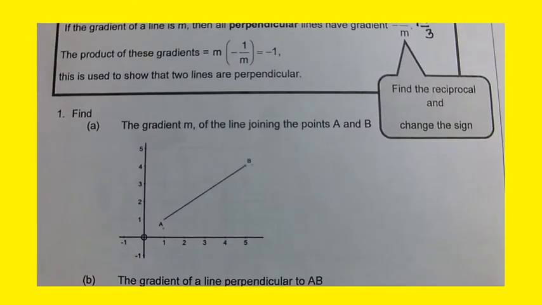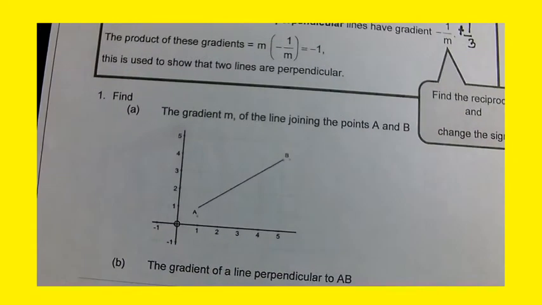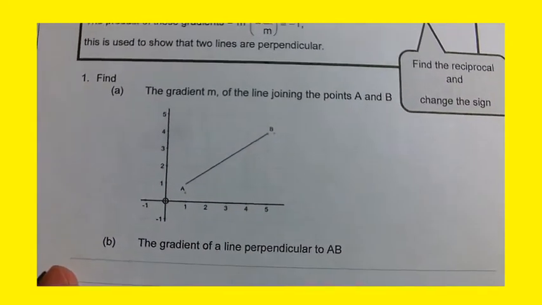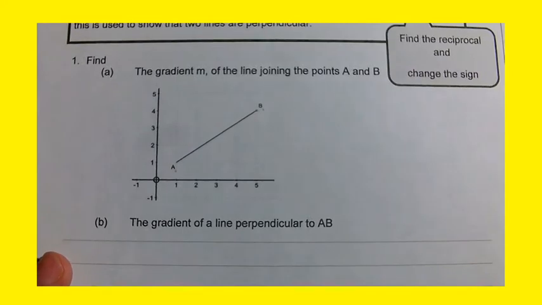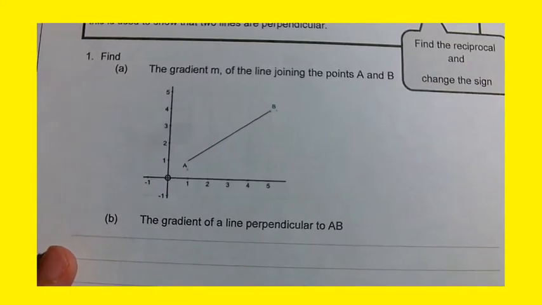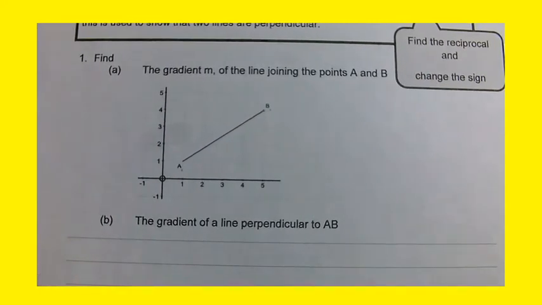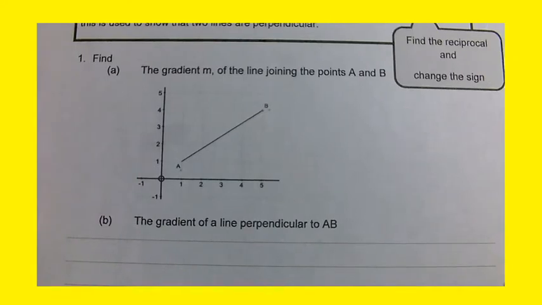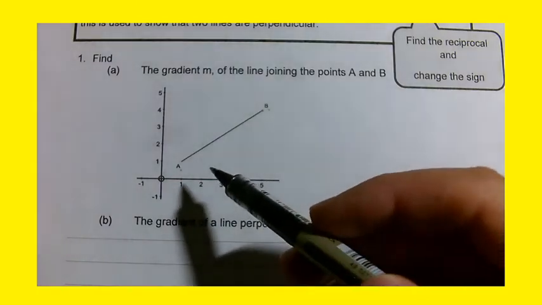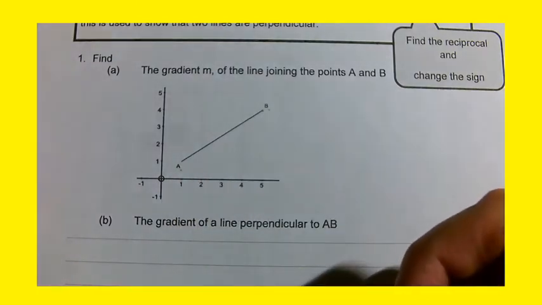Right, so I've got some fairly straightforward stuff. Question 1. Find the gradient m of the line joining points A and B. So I need to find the gradient of the line.